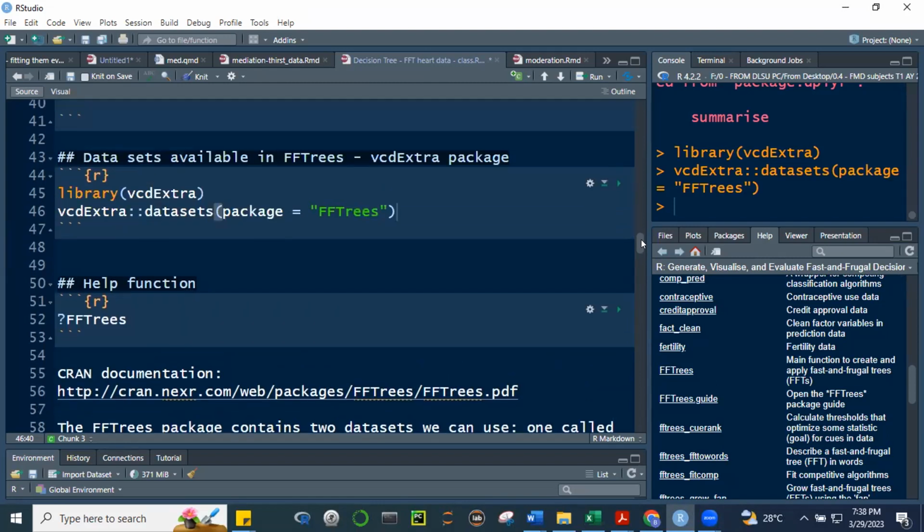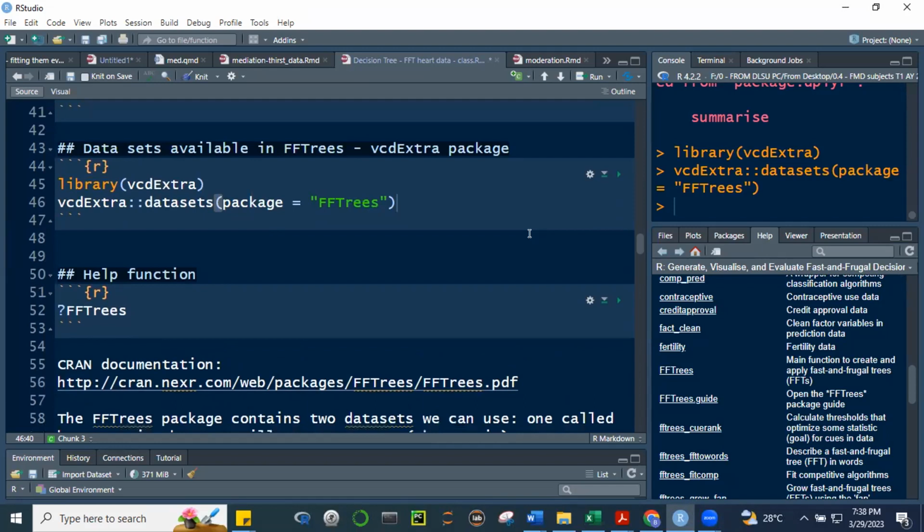Okay? Sir, may nakuha kong warning. Anong warning? Ano sabi? vcdExtra was built under R version 4.2.3. Okay lang yun. Loading required package. Sa akin din, sir. Pero nakuha nyo to? Yung rinan nyo si datasets? Kasi minsan yung mga packages, hindi kagad siya nag-update, no? So si R, nag-update.